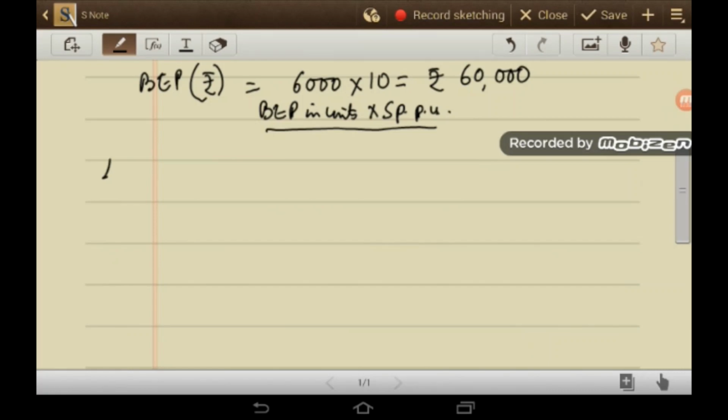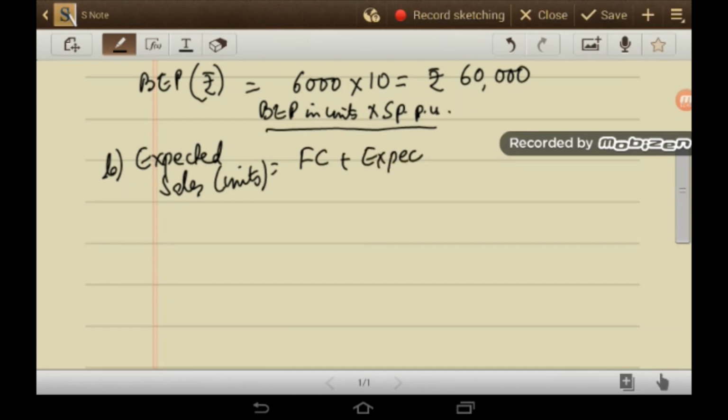The next is the expected sales. Expected sales in units is given by fixed cost plus expected profit by contribution per unit.